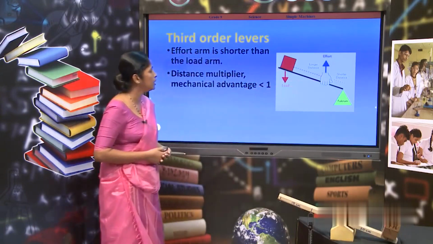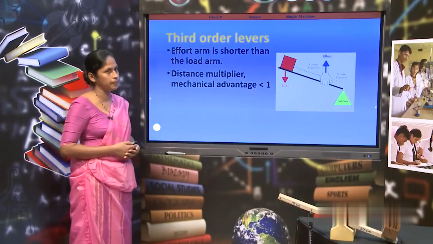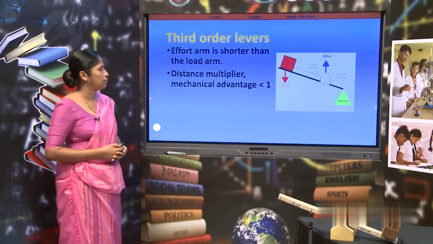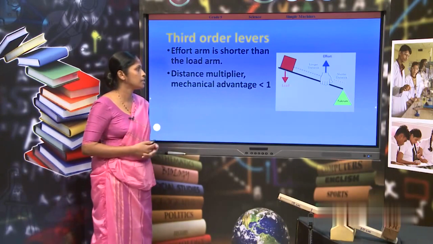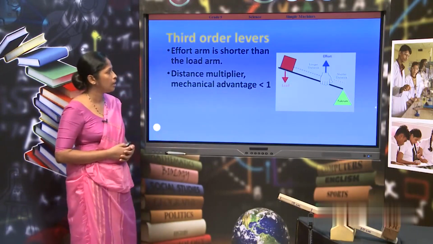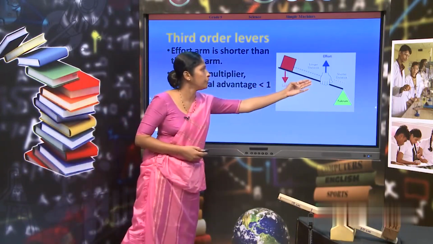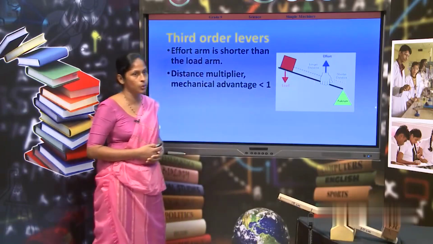So, this third order lever is a distance multiplier, but the mechanical advantage is less than 1, as the effort is greater than load.